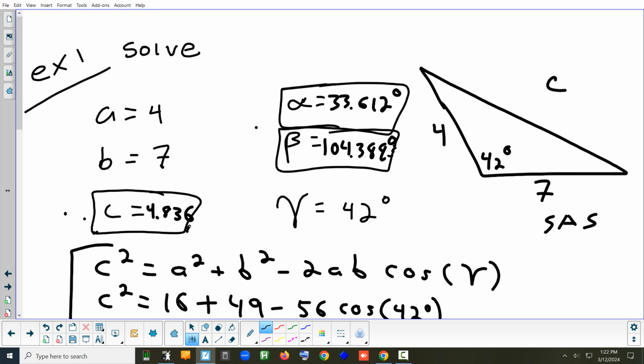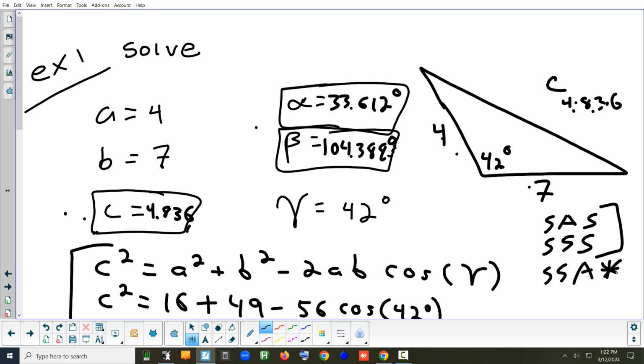Once you figure out C, that was 4.836, now you know a side, a side, and a side. So you know all 3 sides. You also know a side and an angle. These 2 would be law of cosines, if you think about the problem finishing it that way. This would be law of sines.